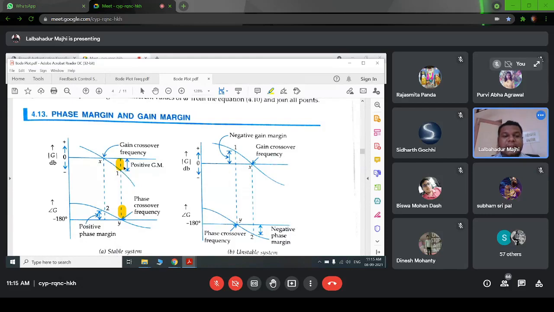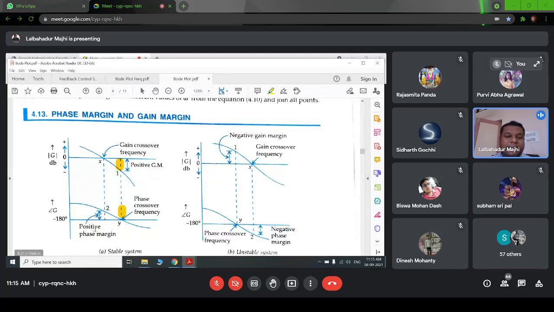This point is the gain margin. So this will be our positive gain margin because this is the amount of additional gain we require to add in the gain so that our system will become unstable, right? So from this 0 to negative to going out towards 0, we are adding the gain margin. So this is a positive gain margin.